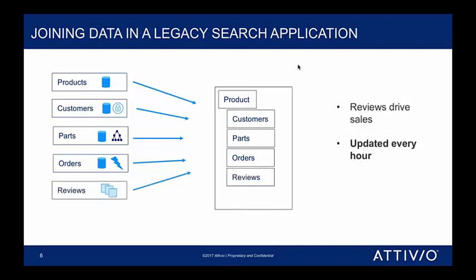You might also look at an unstructured data set like customer reviews. Customer reviews are a powerful tool for selling your products and are a great addition to the user experience. This is a big set of unstructured data that can be added to the product pages, but they are user-generated. They change a lot. They change in unpredictable ways. Ideally, you'd want the reviews to be searchable, and you want them searchable immediately.